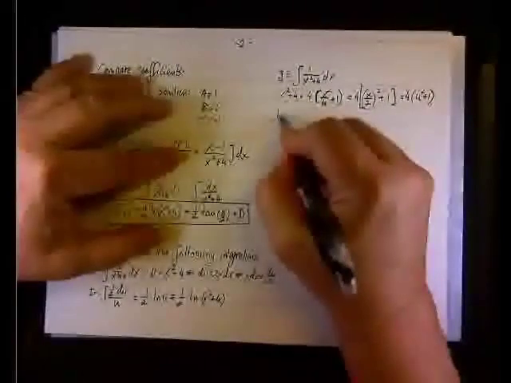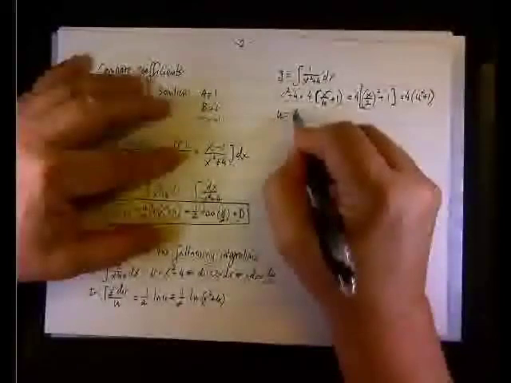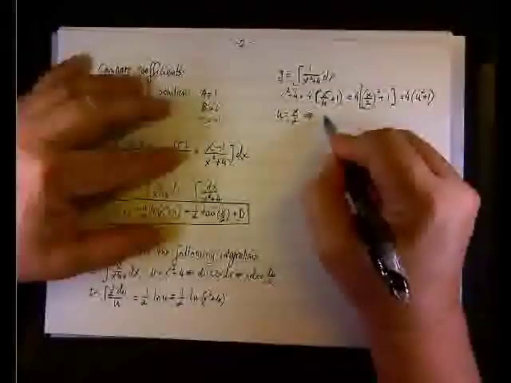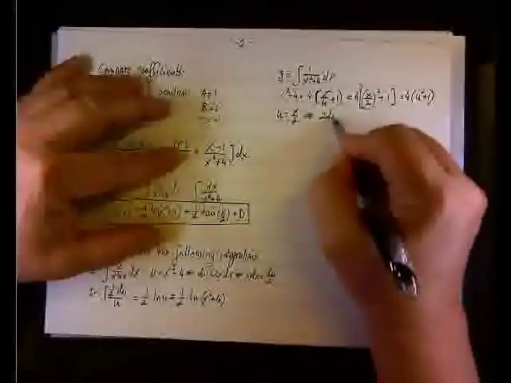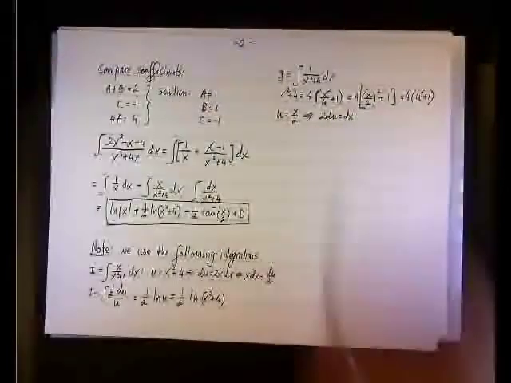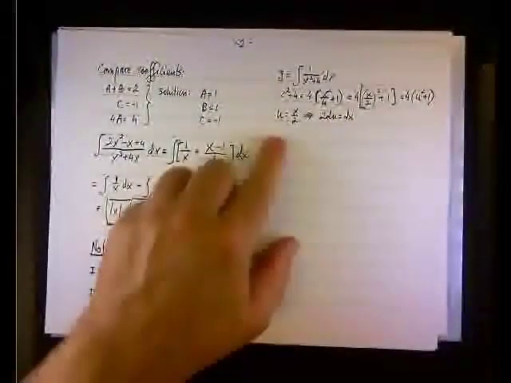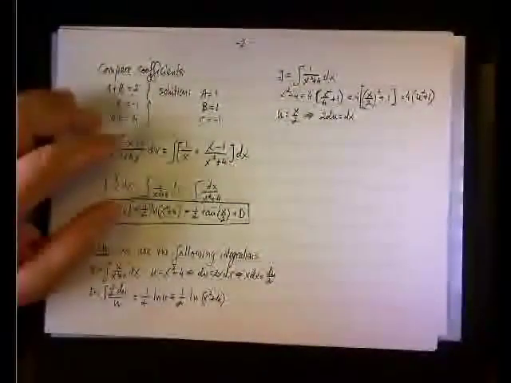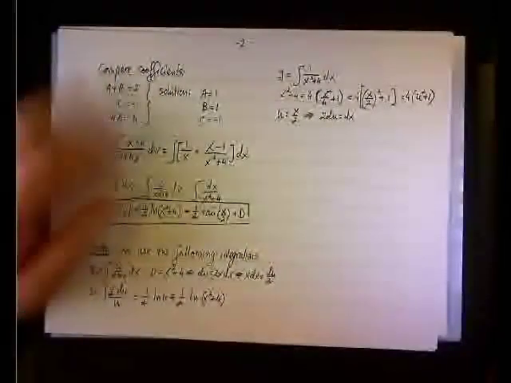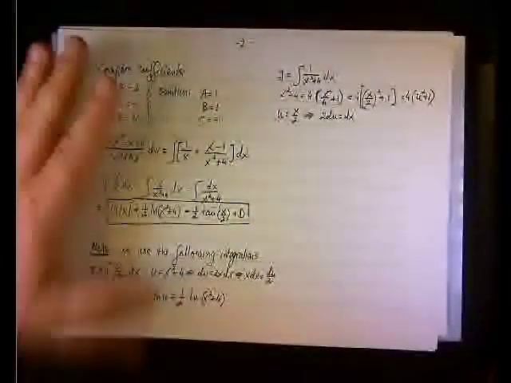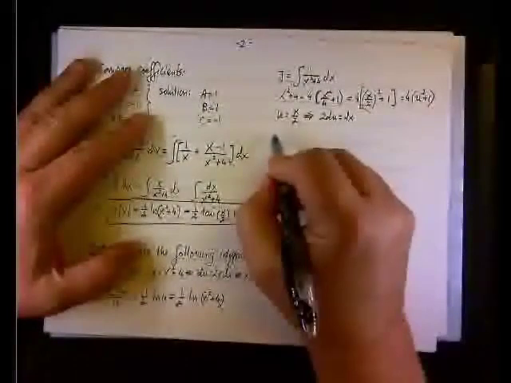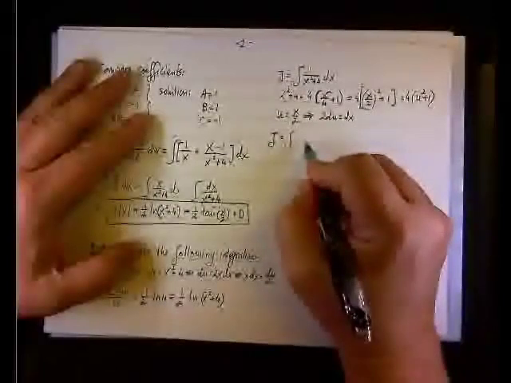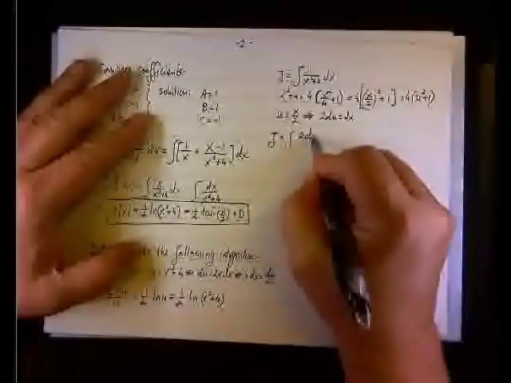So the substitution is u equals x over 2, and therefore 2 du equals dx. So I'm substituting dx with 2 du. So far, so good? You follow my steps? So J, the integral, now looks like this. Instead of dx, I have 2 du, right?